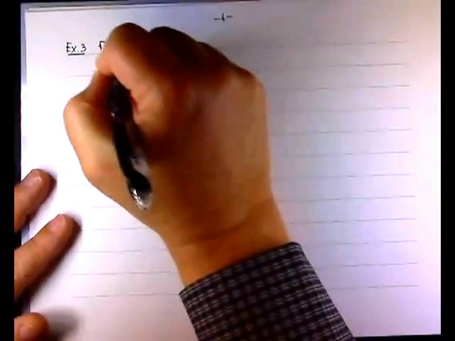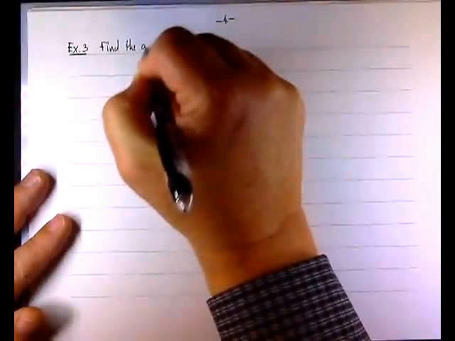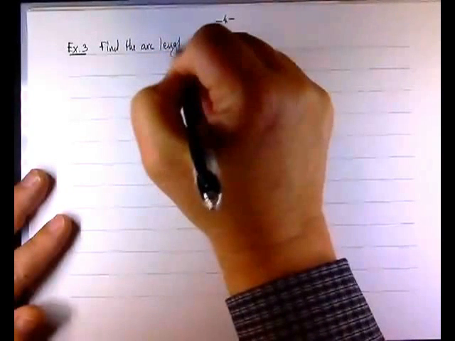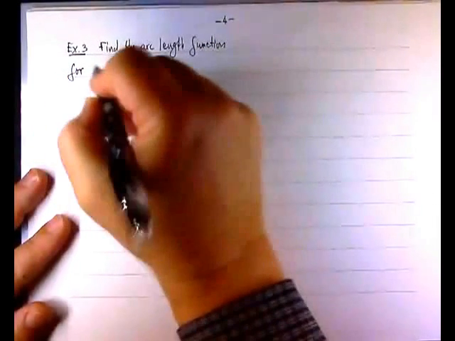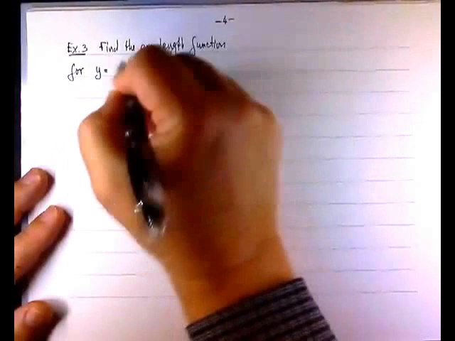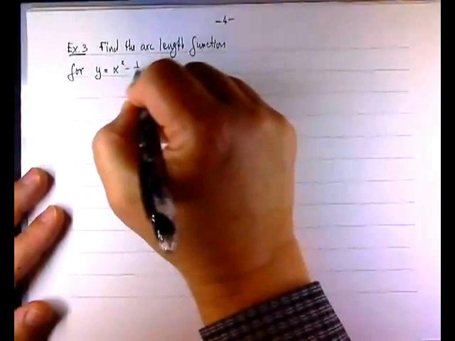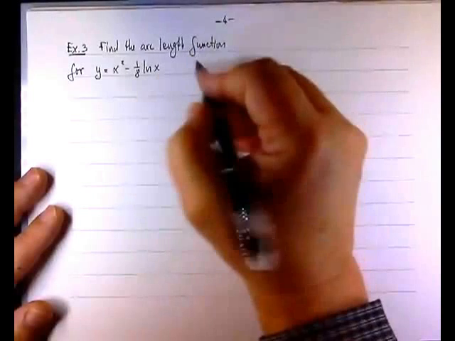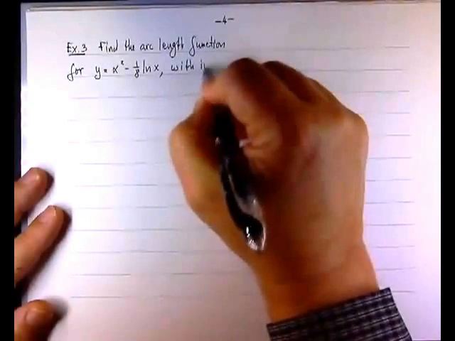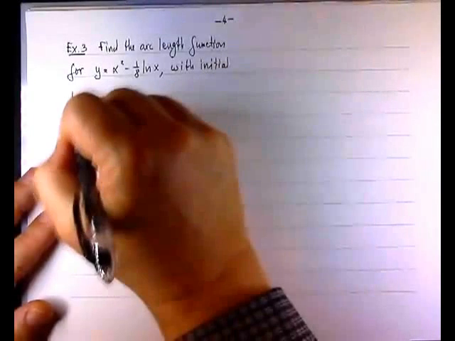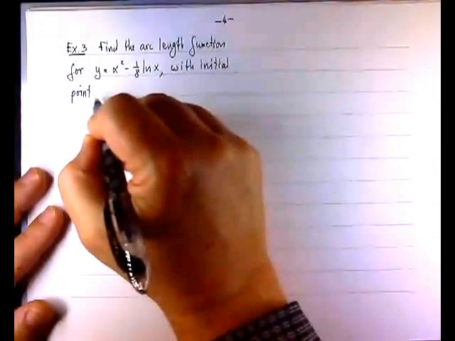So example 3. Find the arc length function for y equals x squared minus 1/8 natural log of x, with initial point 1.